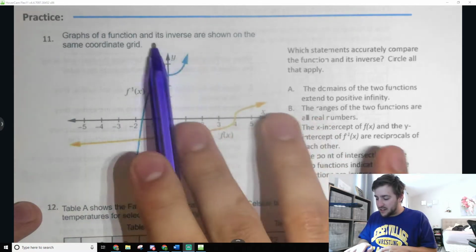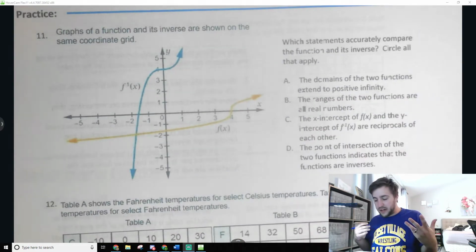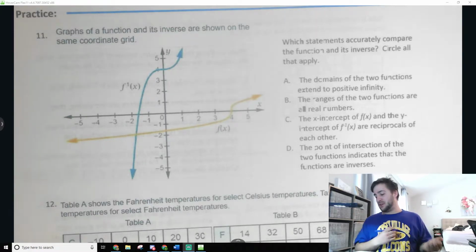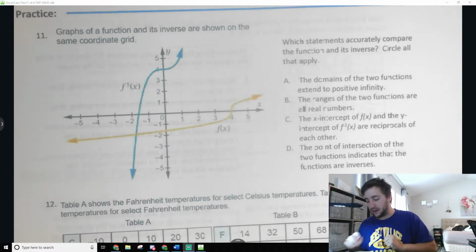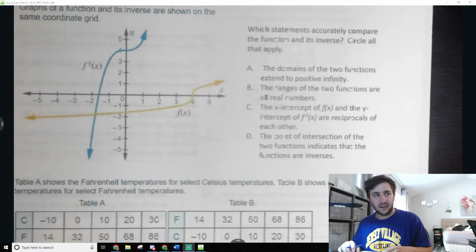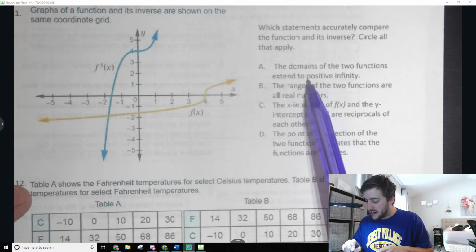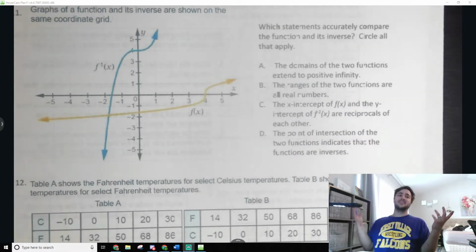Okay, this is another little question. Graphs for a function and its inverse are shown on the same coordinate grid. Which statements accurately compare the function and its inverse? Circle all that apply. The domains of the two functions extend to positive infinity. This is something we haven't seen in a while.